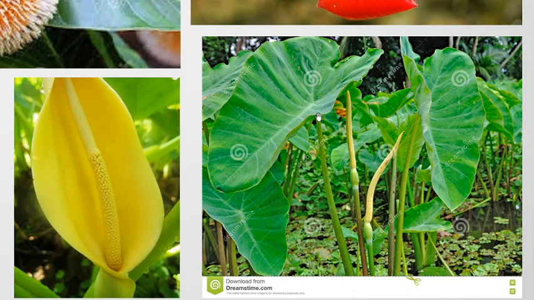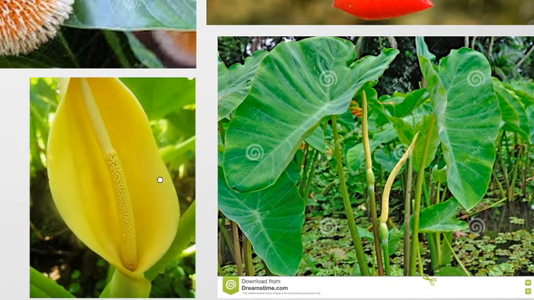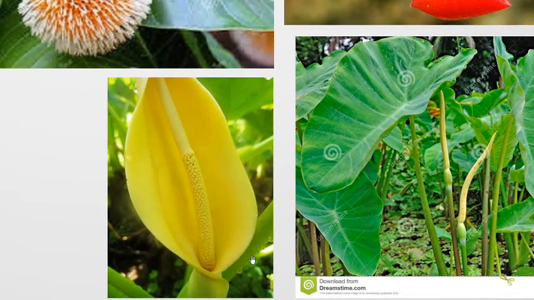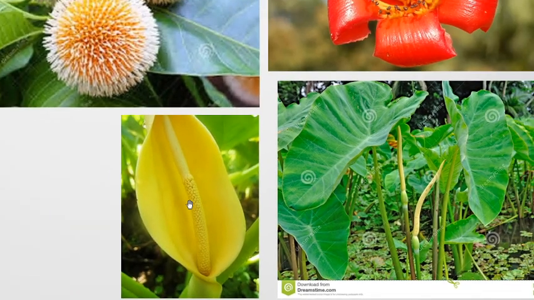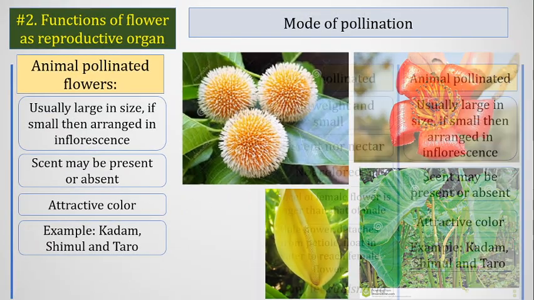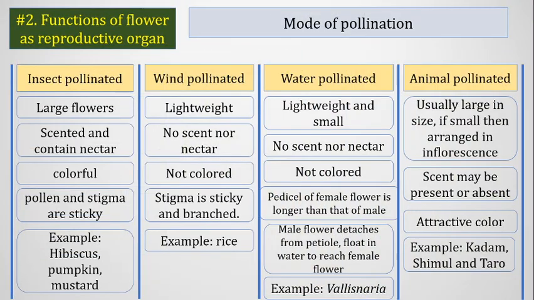So in the taro plant, the kochu plant, they have long leaves, and the yellow part you see is actually the flower of it. So that is the kochu flower. So what we have actually learned is about different types of plants categorized on the basis of mode of pollination.